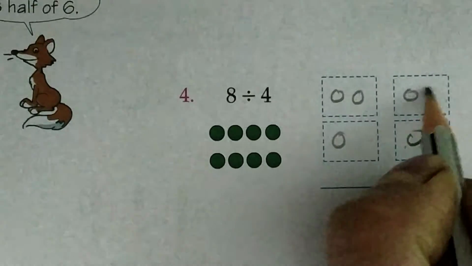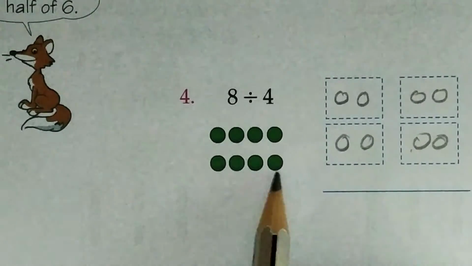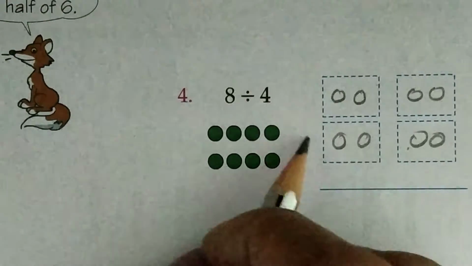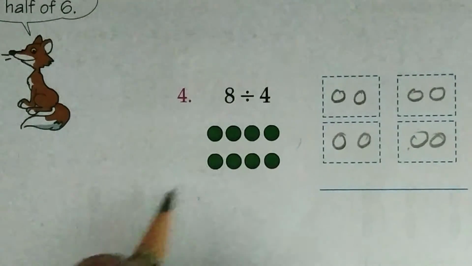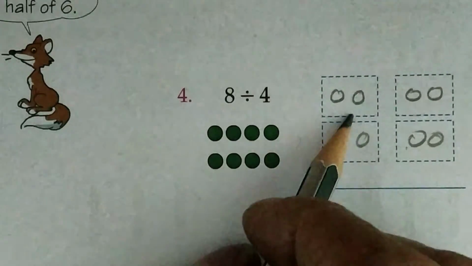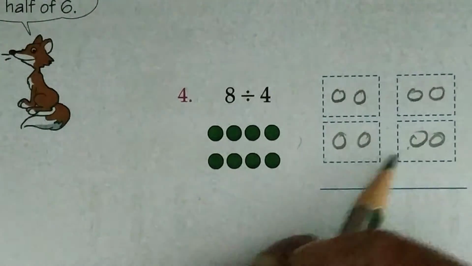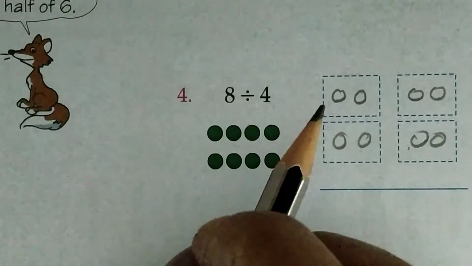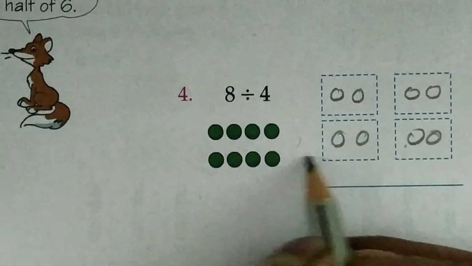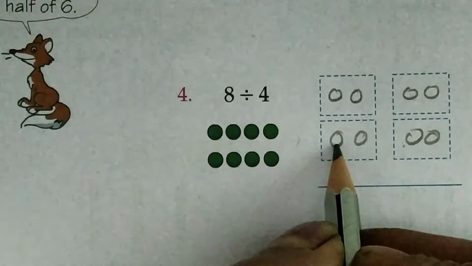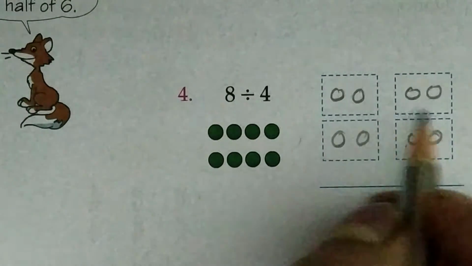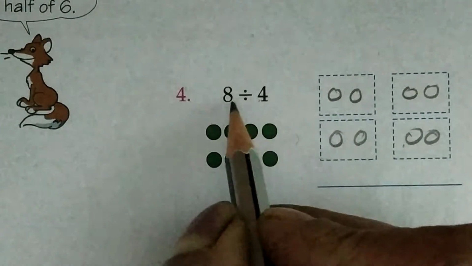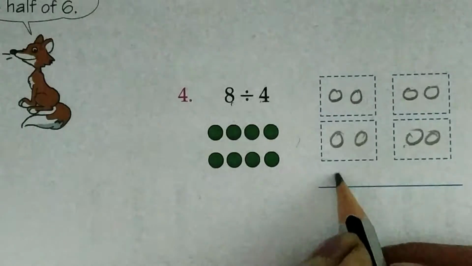Again we put 1 1 1 1. So in 4 blocks we have 8 balls. If we put 2 balls in each group, we divide equally. So 4 1s are 4, 4 2s are 8.